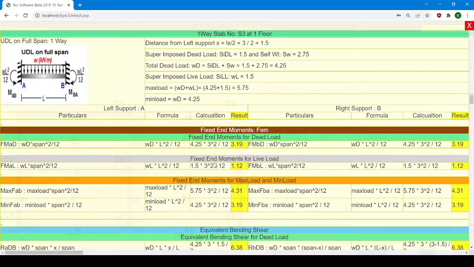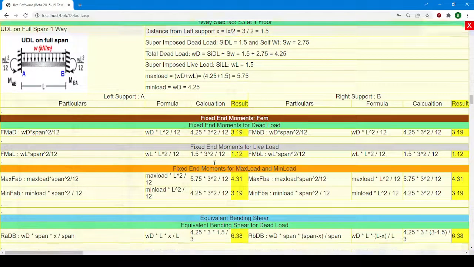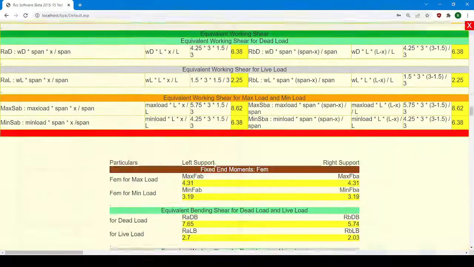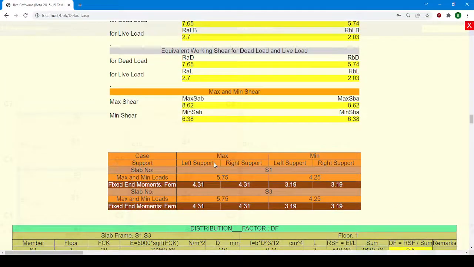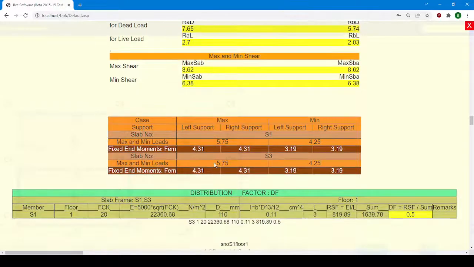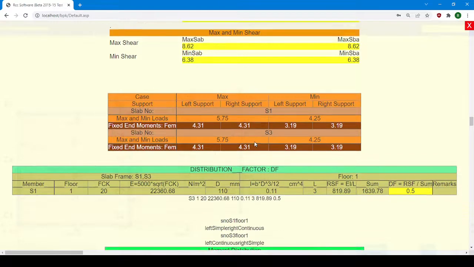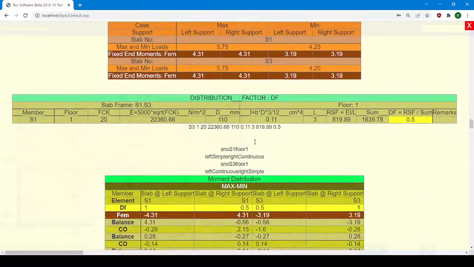Slab S3, which is continuous on one side, comes under that chain with S1. Now as per the loading cases, max and minimum, we have the fixed end moments for left support and right support of S1 and S3, and we are calculating the distribution factor.